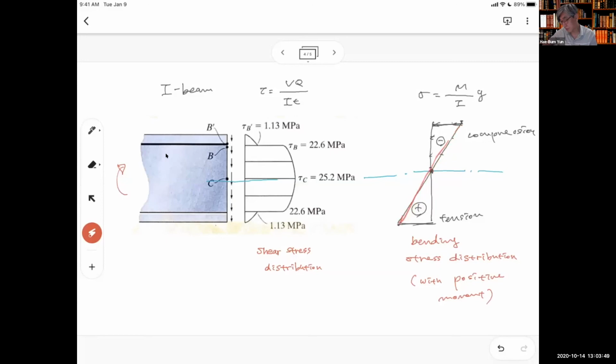So this should not have a jump like that, because if that is the case, then we have a warp of the cross section. So then the plane remains plane assumption is not valid. Okay. Very important.